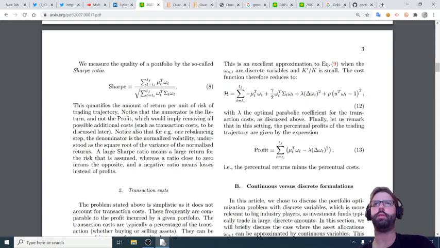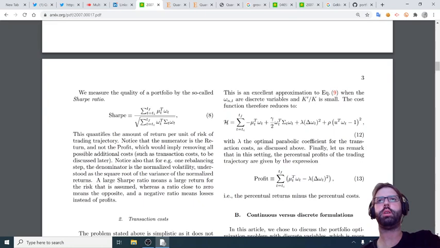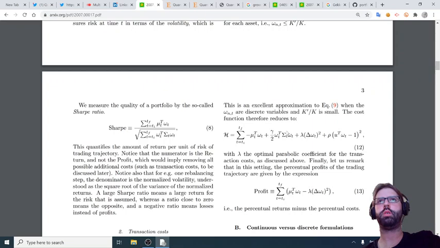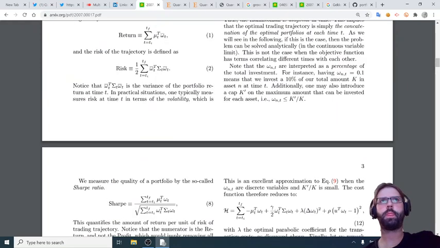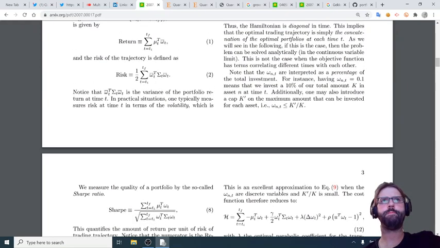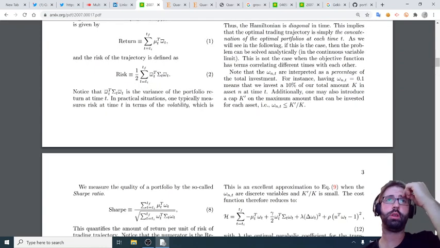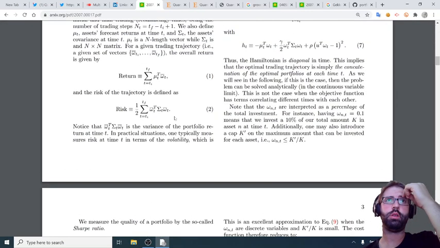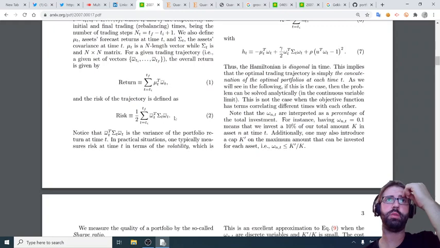Then you have the, so does this mean the transpose? Let's figure this out. I think that's a transpose. What is the risk? So this is the risk of each investment.